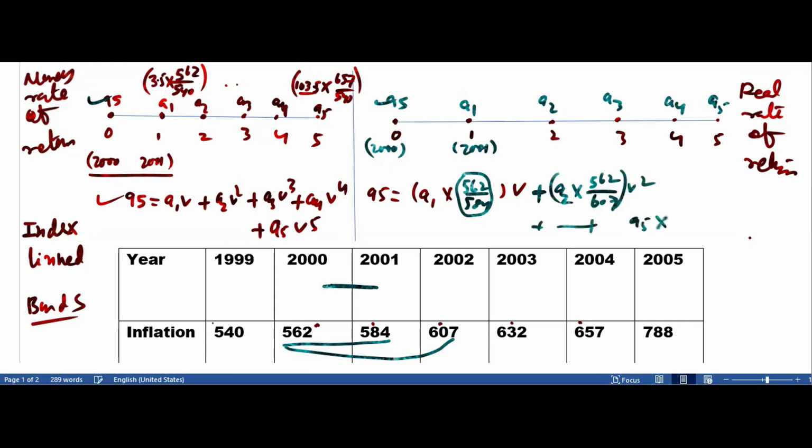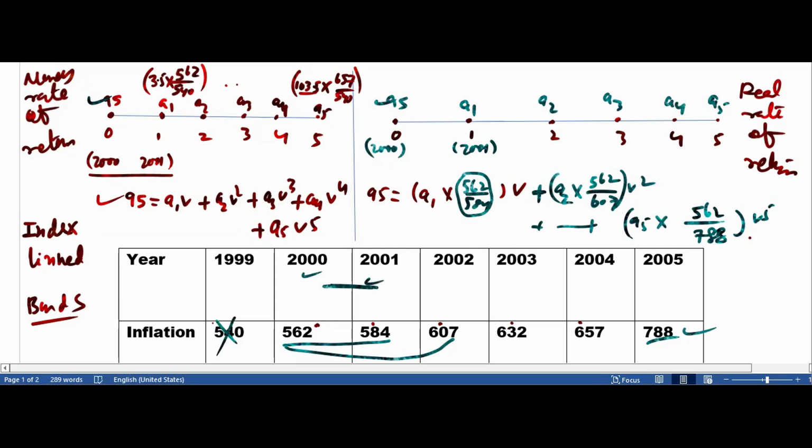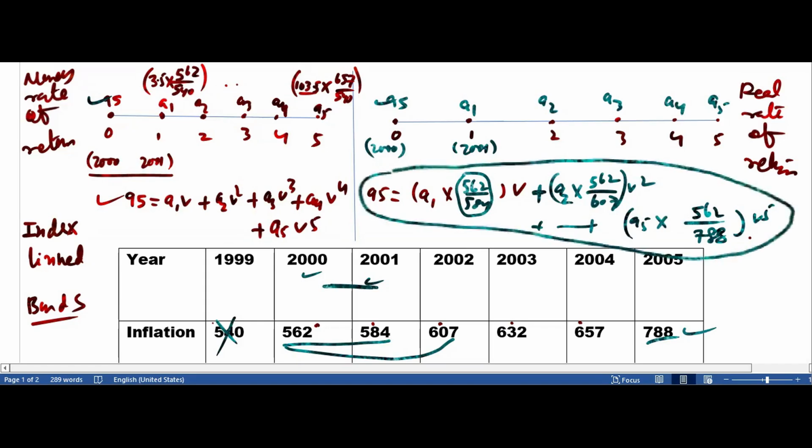Similarly, the last value A5 V5, here this is constant anyway, 562, and 788 will come here. In our case, we will not use this figure because the indices are available to us already, published. We can use them. The company will do it before, so they will take 1 year time lag. That's all. When you solve this, you will get the real rate of return in case of index linked bonds.